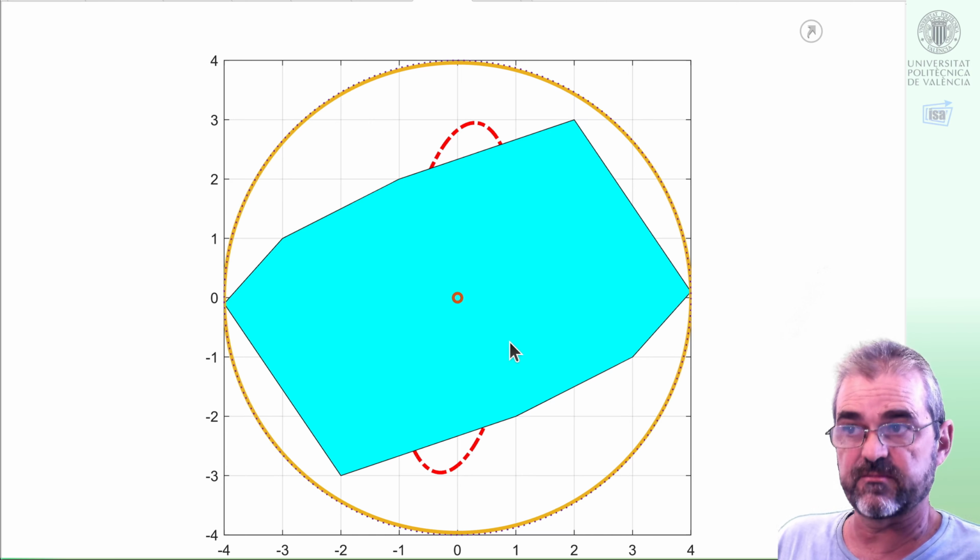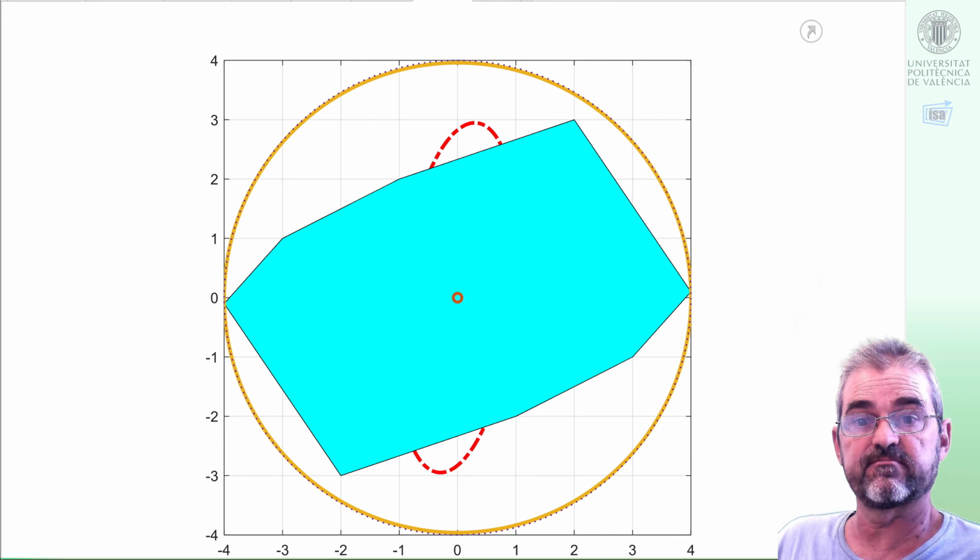And here we'll finish. We have just discussed how to set the problem of the smallest ellipse, smallest as smallest maximum half axis, containing the cyan and red stuff.